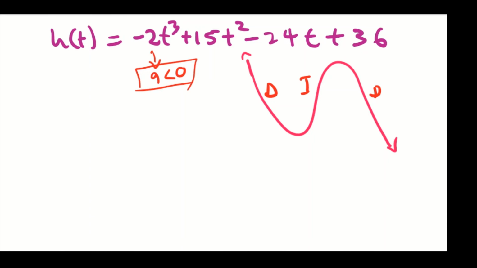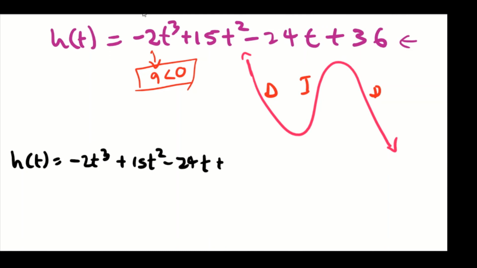Now we have our cubic function and we want to find the maximum height. The first thing we need to do is differentiate. We have h of t equals minus 2t cubed plus 15t squared minus 24t plus 36.